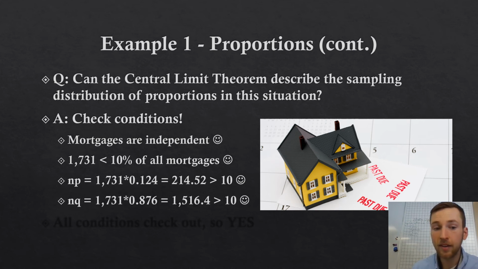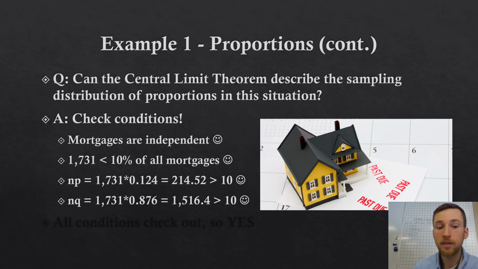And then on the other hand, if we take n times 1 minus p, or n times q, they're the same thing. If p is 12.4%, 1 minus p is going to be 87.6%. And that gives us 1,516, which again is greater than 10, okay? So that means we have more than 10 mortgages that are delinquent, we have more than 10 that are not delinquent.